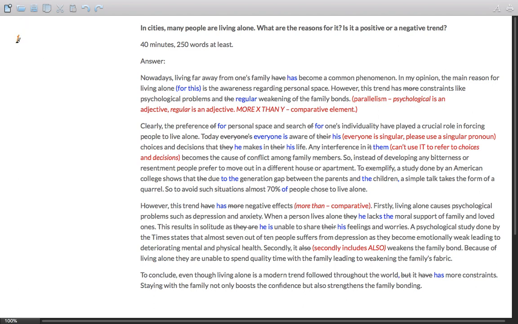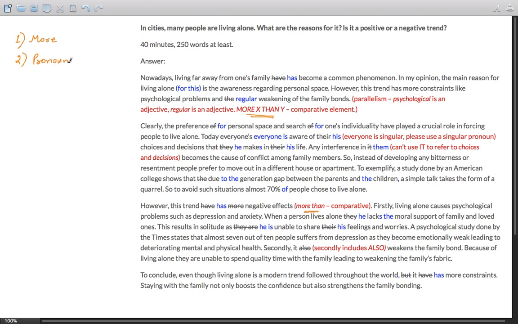Number one, we'll be discussing the usage of more X than Y. Many students make a wrong usage, and this student has done a wrong usage over here as well as here, and I'll be explaining this in due course of time. Second is the wrong usage of pronouns.